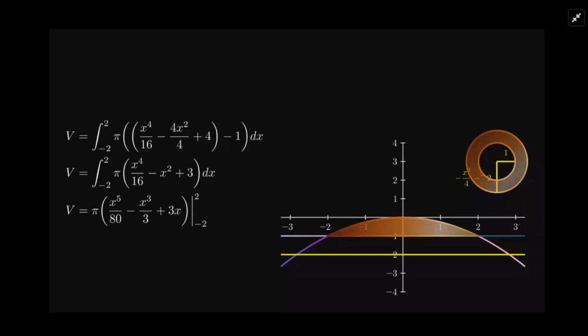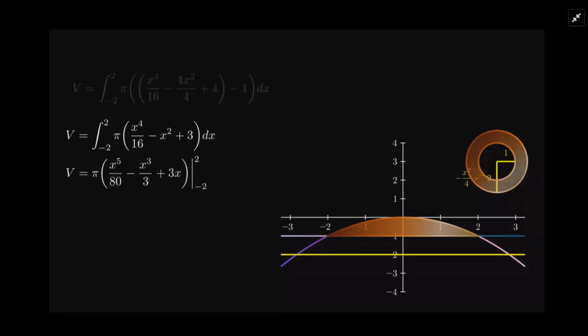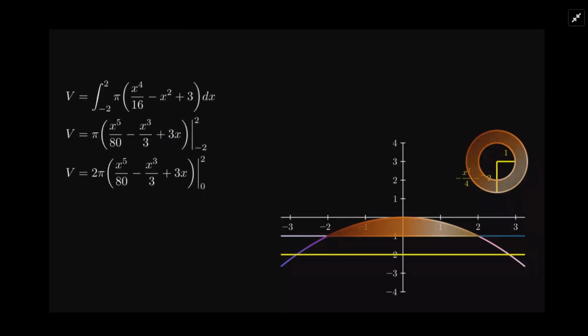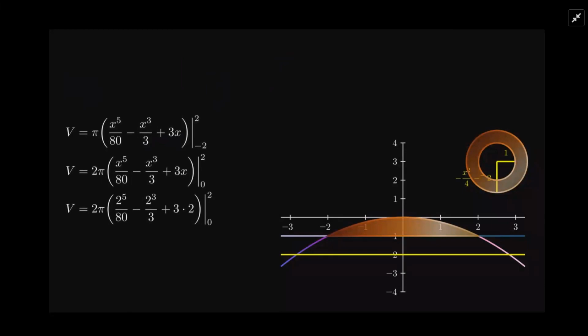Again, notice that it's symmetrical, so we can evaluate this from 0 to 2 and double that answer. So that gives us 2 pi, that's the doubling, going from 0 to 2. We only need to evaluate it at 2, because at 0, it's 0. And you get that. So go through the calculation and check my work.